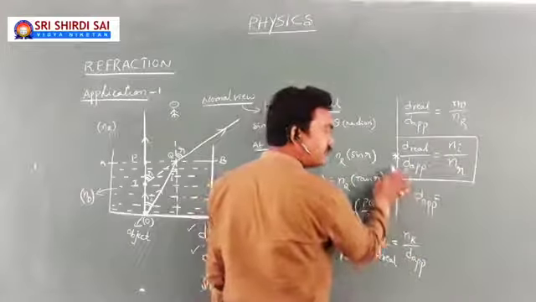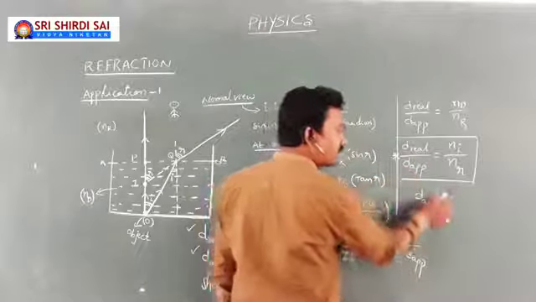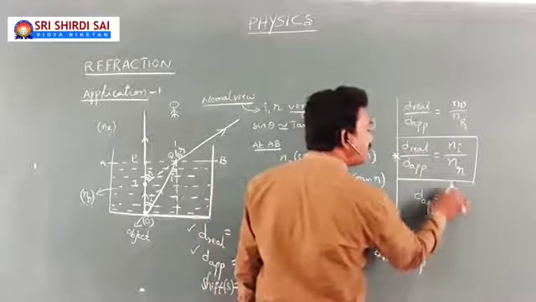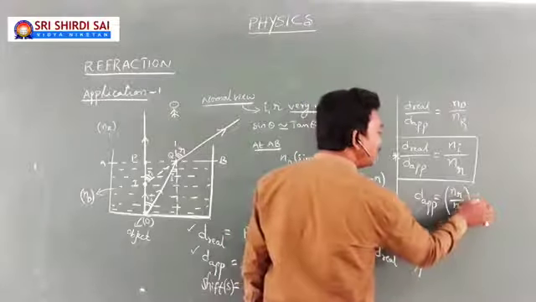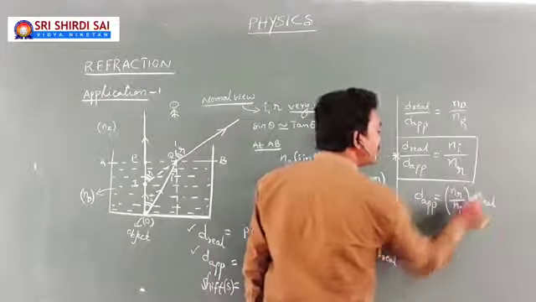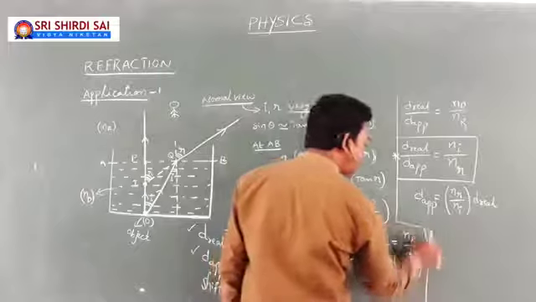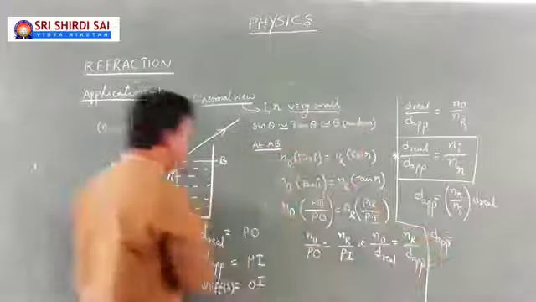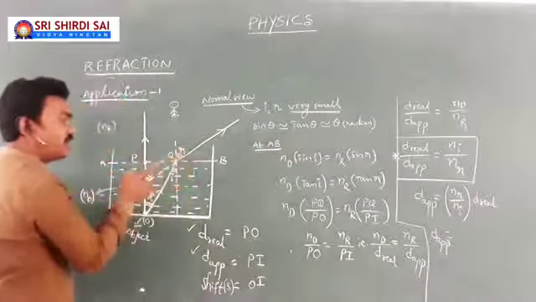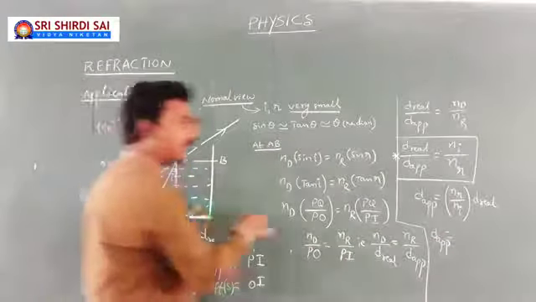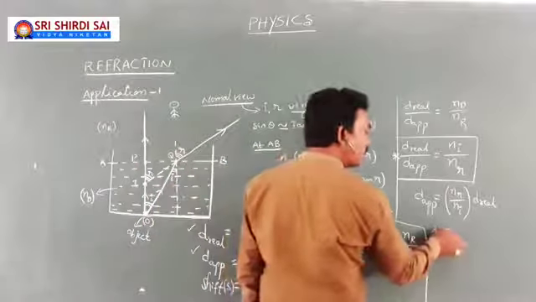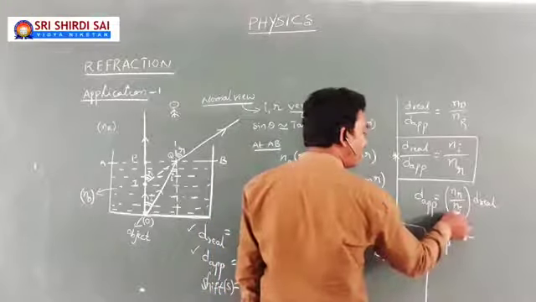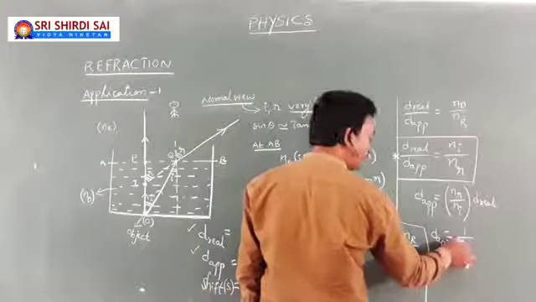Apparent distance equal to, from this, hope you can understand, the refractive index of the medium into which light refracts by the refractive index of the medium into which light incidents, into real distance. So in this particular case, your object is in denser medium, observer in rarer medium. So the numerator, the medium into which light refracts, is air, by the medium in which light incidents, which is water.